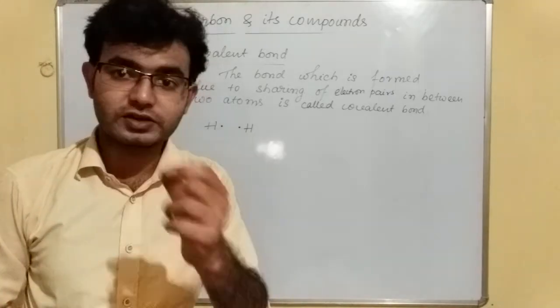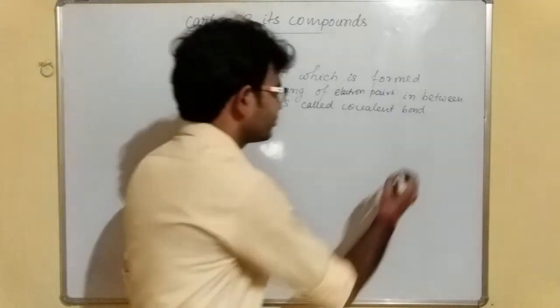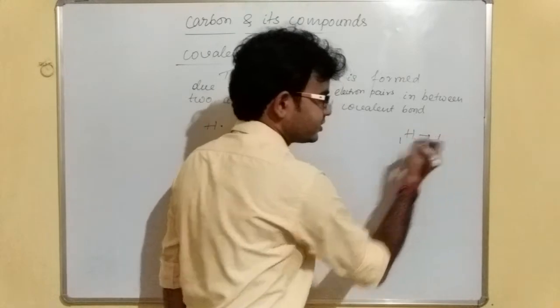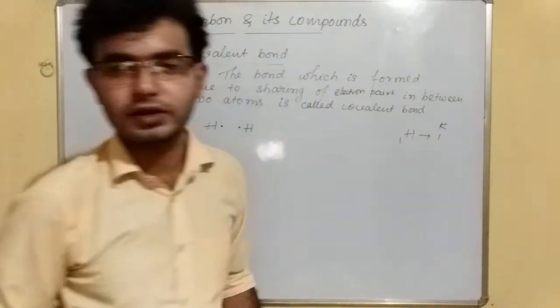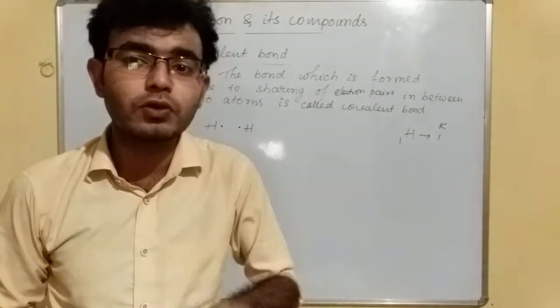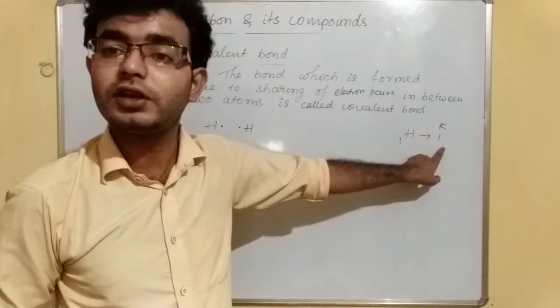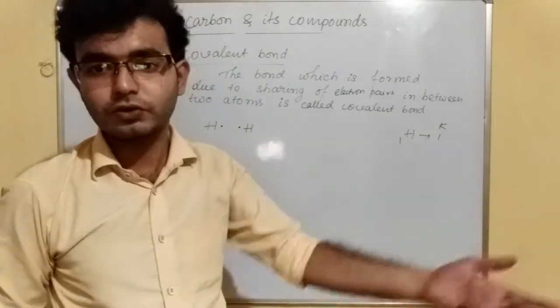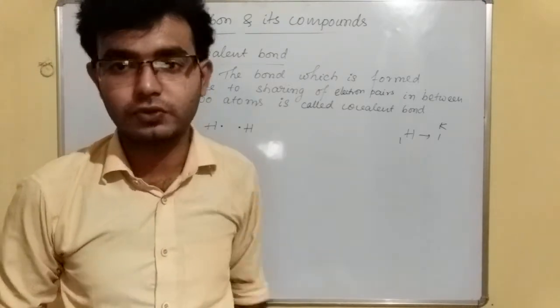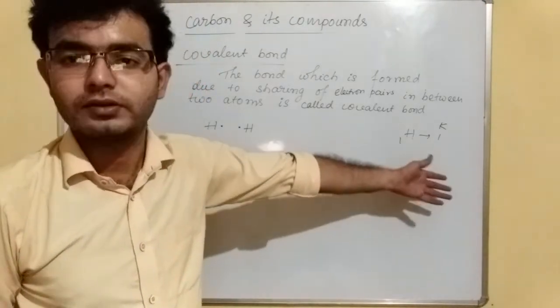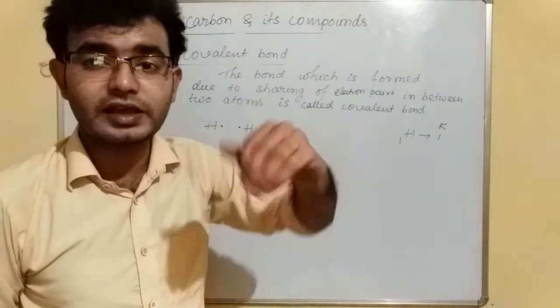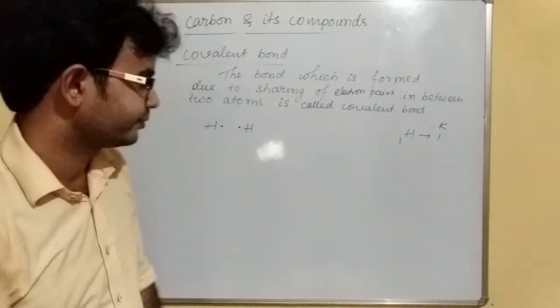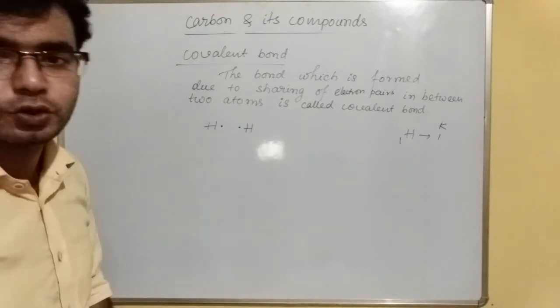The atomic number of hydrogen is 1, so its electronic configuration is also 1, meaning the first shell contains only one electron. If it gets one more electron, the first shell will be filled by 2 electrons. As you know, the first shell of an atom is filled by 2 electrons. That's why it will be stable by gaining 1 electron, and its electronic configuration will be like its nearest noble gas, helium. We learn that this is called the duplet rule.